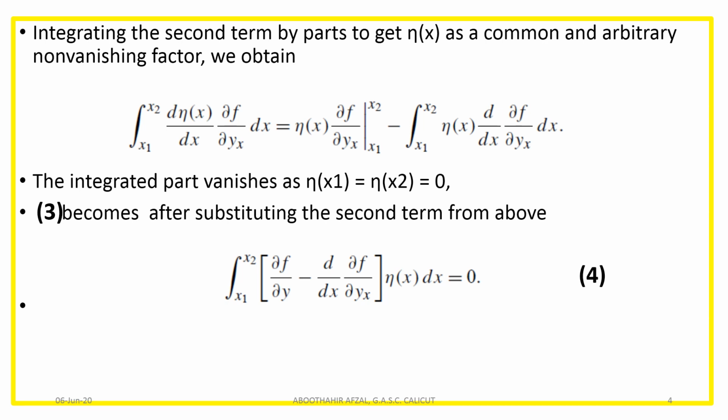So the second term, the negative term, will be substituted into the second term of equation 3. That will become ∂f/∂y into η dx, with η dx coming outside the bracket. So integral of [∂f/∂y minus d/dx ∂f/∂y_x] η dx equal to 0. That is equation 4, which we started from equation 2.